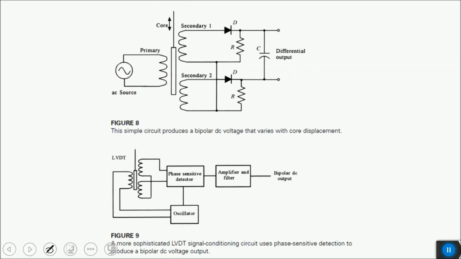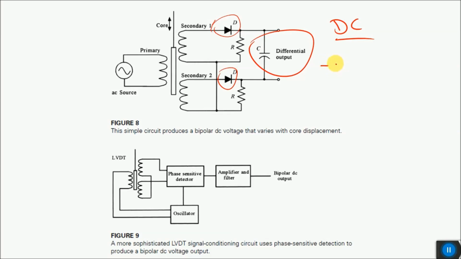That can be simplified by converting this AC output voltage into a DC output voltage, and for that we can simply use two diodes as half wave rectifiers for both these secondary coils. Their differential output will be a DC voltage ranging from a negative X value to a positive X value.